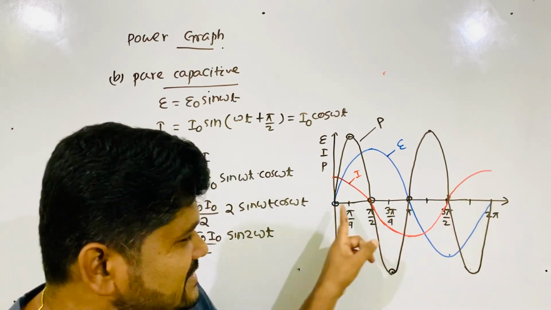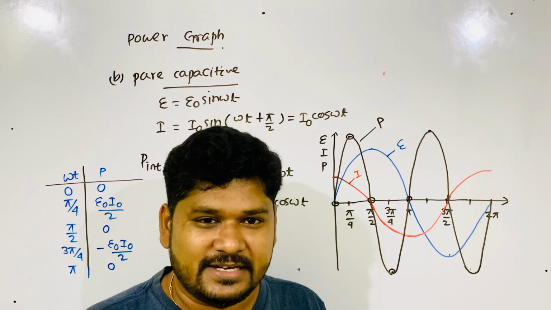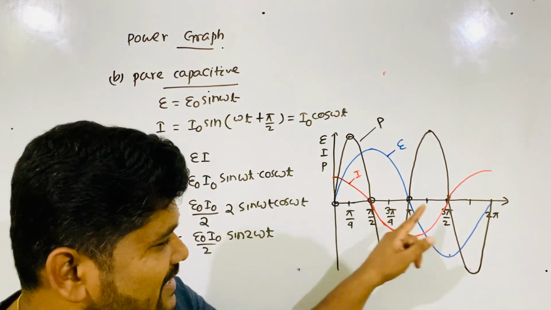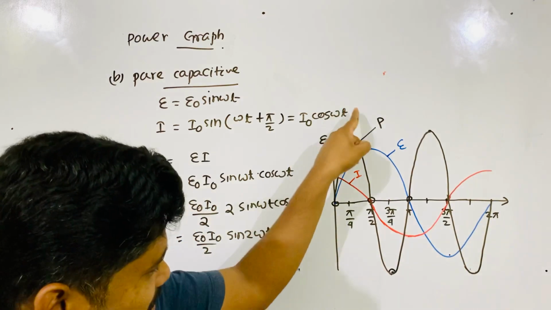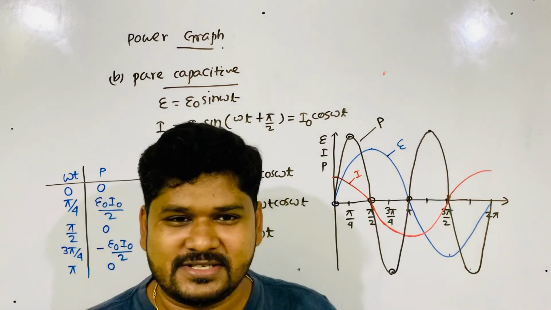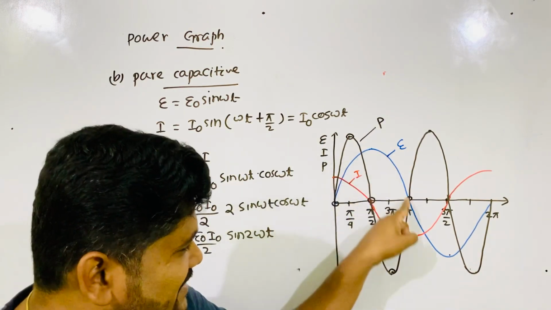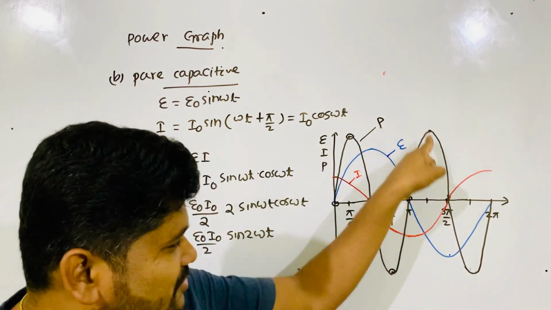So you see, in one cycle of EMF, or one cycle of current, power has 2 cycles. Can you mark it? In one cycle of EMF, power has 2 cycles.